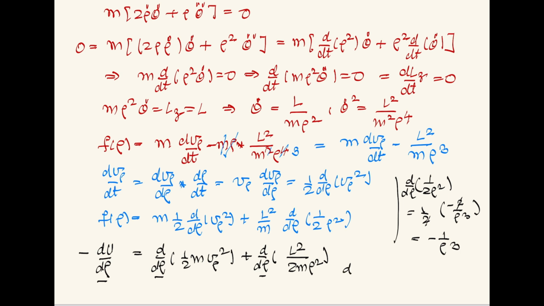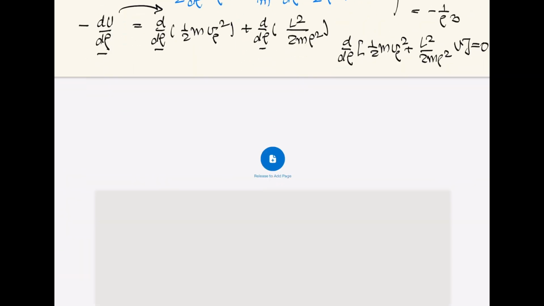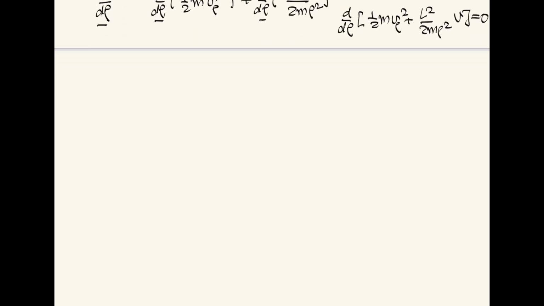So what do I get? I'm going to find that d by d rho of 1/2 m v rho squared plus L squared by twice m rho squared, and I take this fellow onto the other side, I'm going to get a u, and that should be equal to 0. Is that okay? So now, if the derivative of something is 0, that something must be a constant.